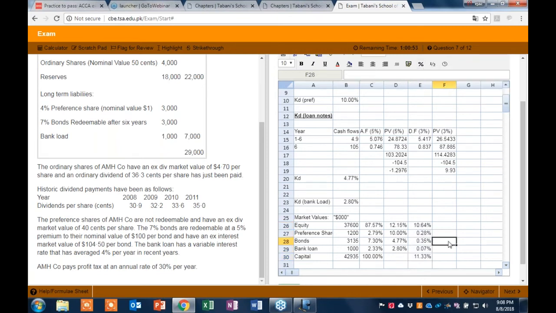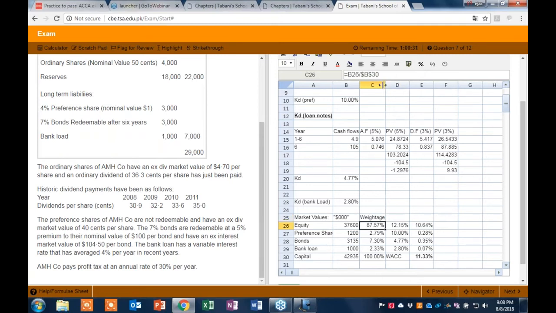So the final answer, 11.33%, is our weighted average cost of capital, WACC. This is called the weightage. And this is your weighted average cost of capital. So it means the weighted average cost of capital of this company will be 11.33%.